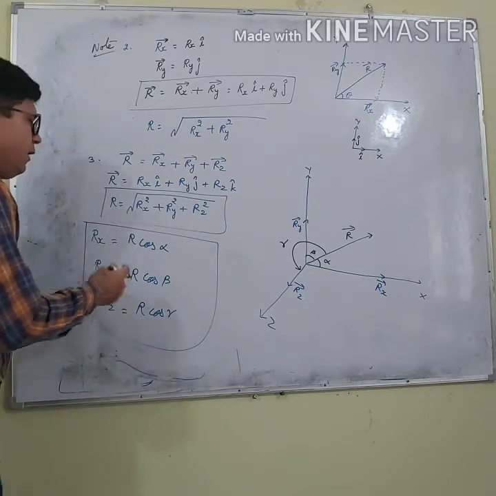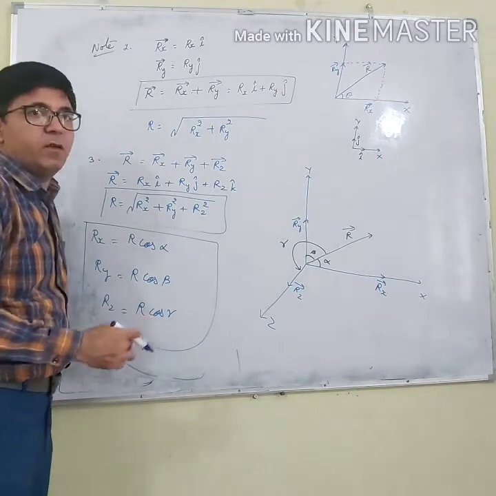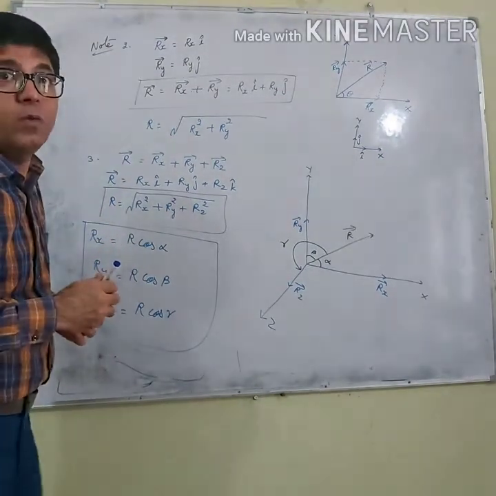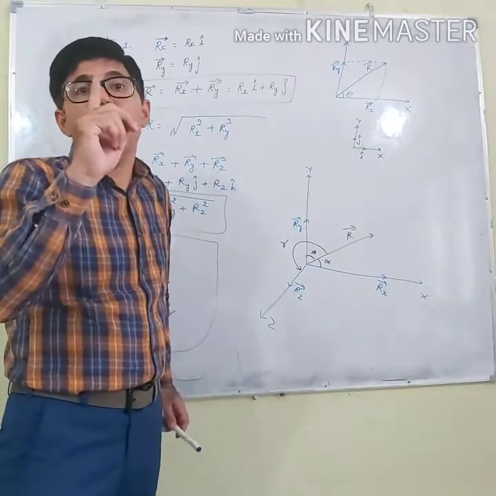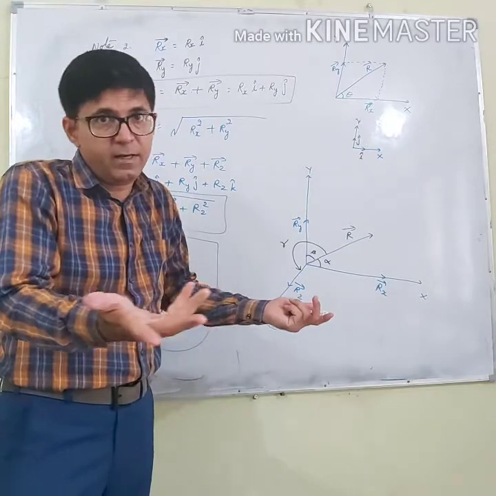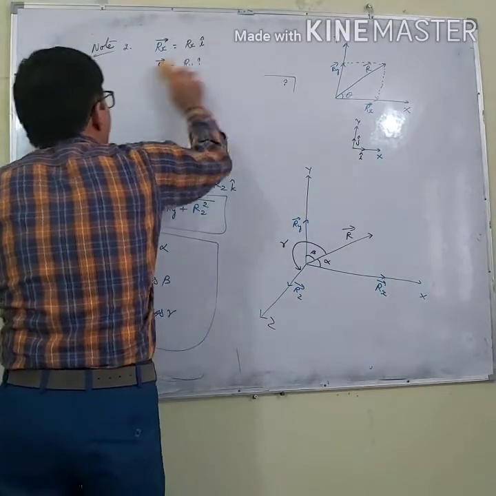So these are the components of vectors along x-axis, y-axis, z-axis, when the angles made by the vector with the axes are given. Let me further elaborate this.